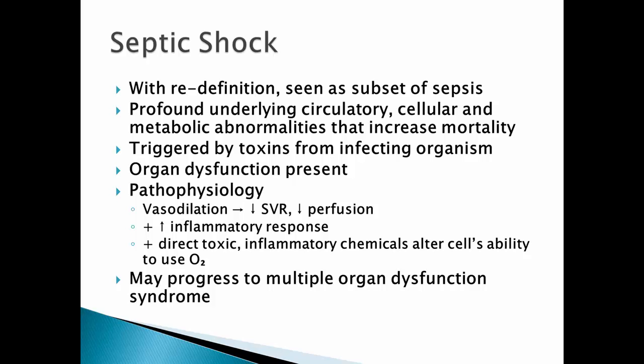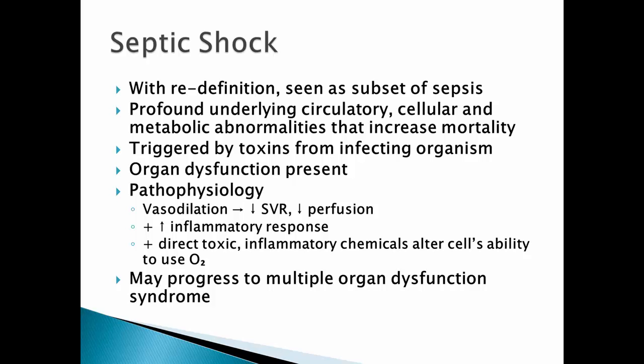So let's take a closer look then at septic shock. With the redefinition that we talked about, septic shock is actually being seen as a subset of sepsis. With septic shock, we know that there is a profound underlying circulatory, cellular, and series of metabolic abnormalities, and because of this, there is an increase in mortality.